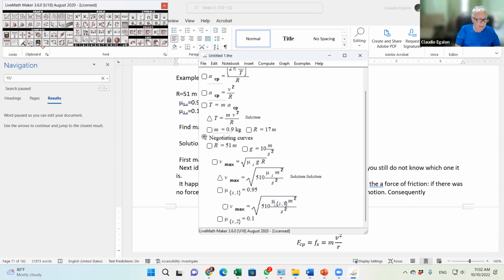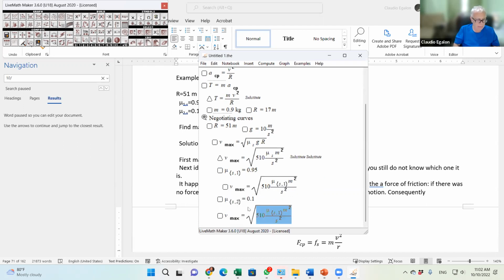One dry pavement, the other icy pavement. Let's compare how bad it is to drive on icy pavement. Now let's see how we can do that.